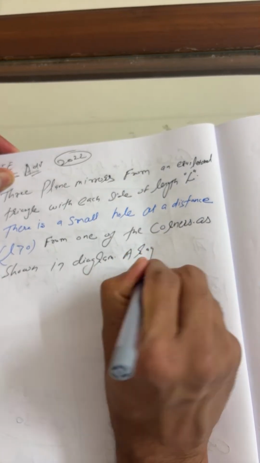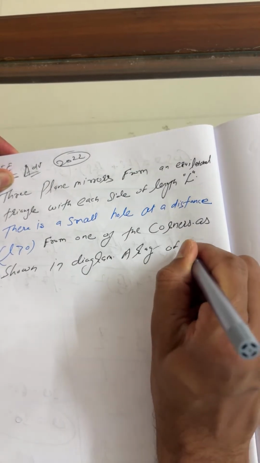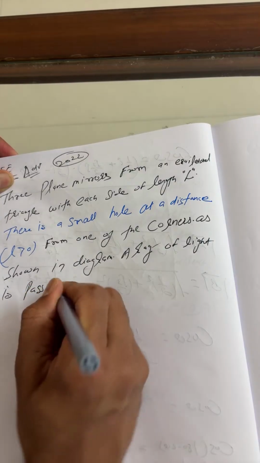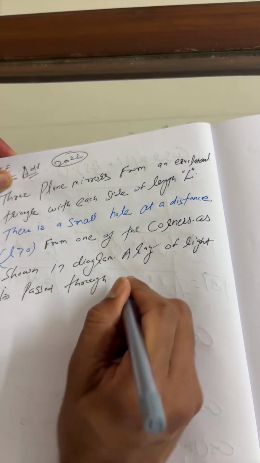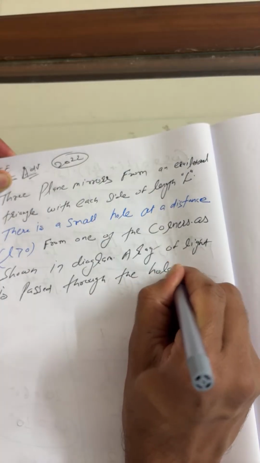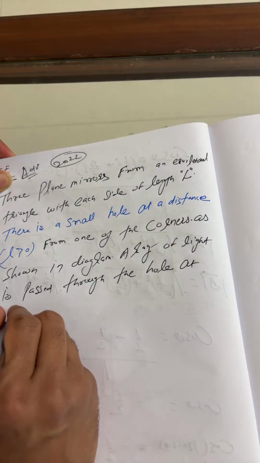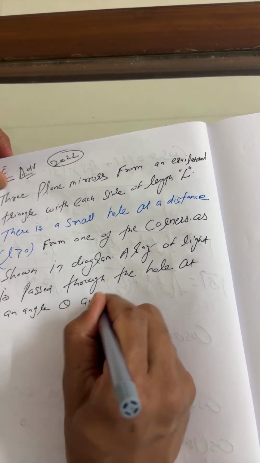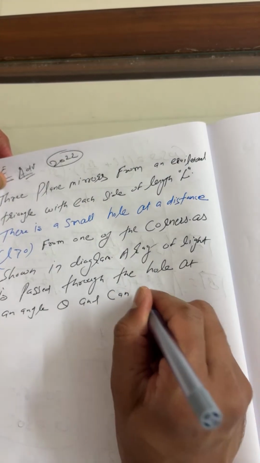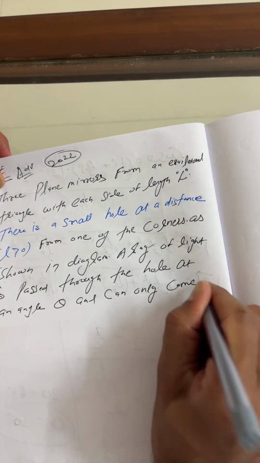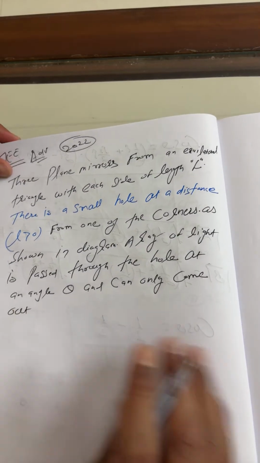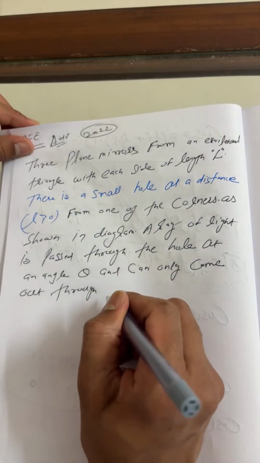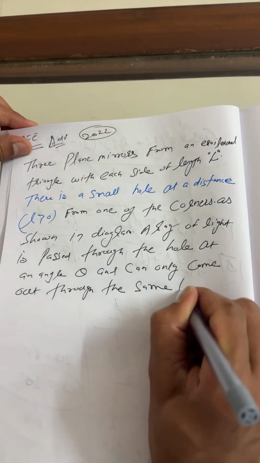A ray of light is passed through the hole at angle theta and can only come out through the same hole.